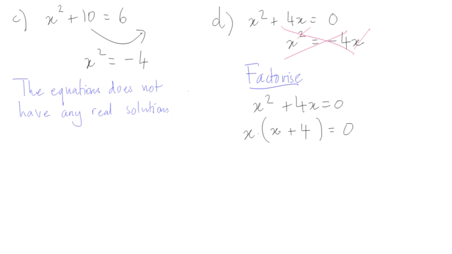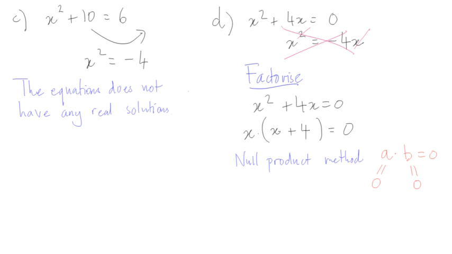Now, if we use something called the null product method, the null product method says that if we have two numbers, a times b equals 0, then either all of a can be equal to 0, or all of b can be equal to 0, because 0 times a number is 0, or a number times 0 is 0.